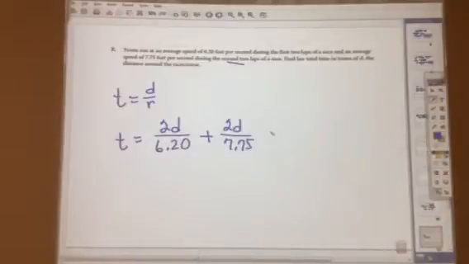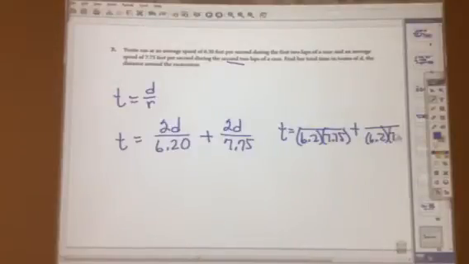My common denominator is going to be 6.2 times 7.75.